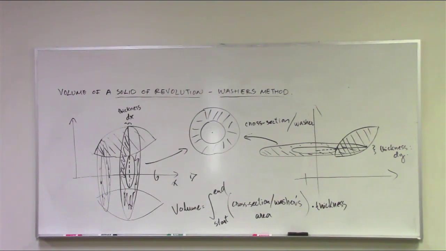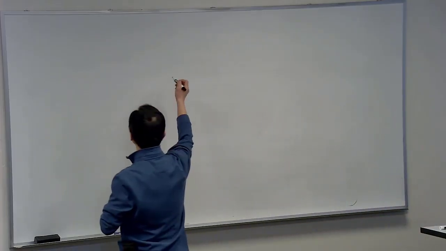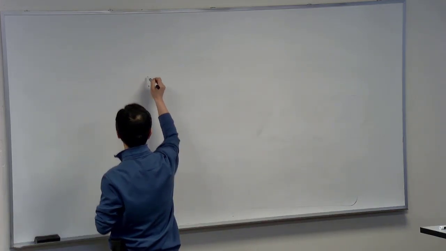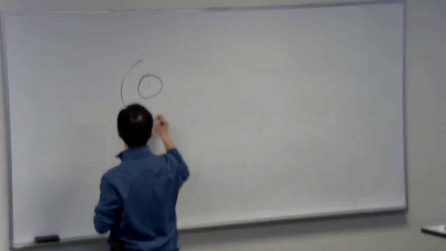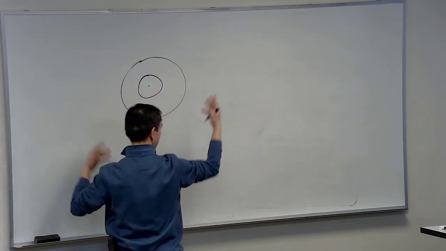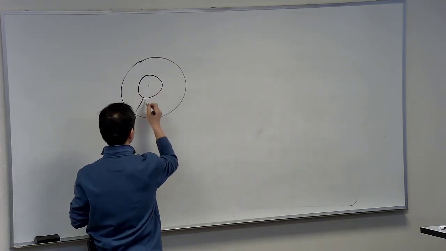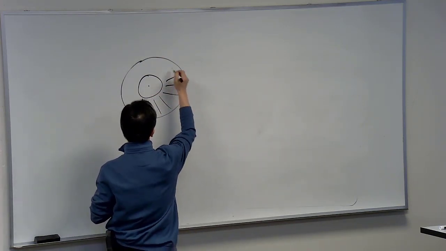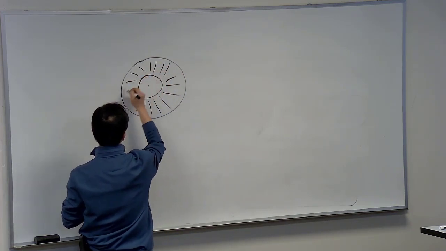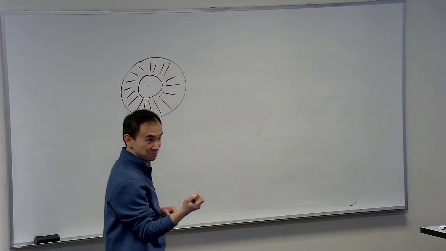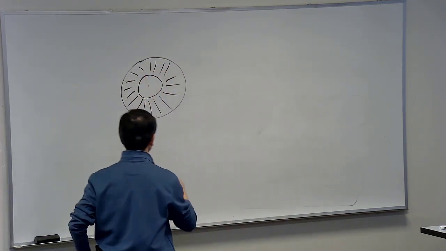Okay, so think about each of the cross sections. It has to appear the way it is, being a washer. Each washer here as a cross section has to be two concentric circles, right? We're using that term from geometry, two concentric circles.